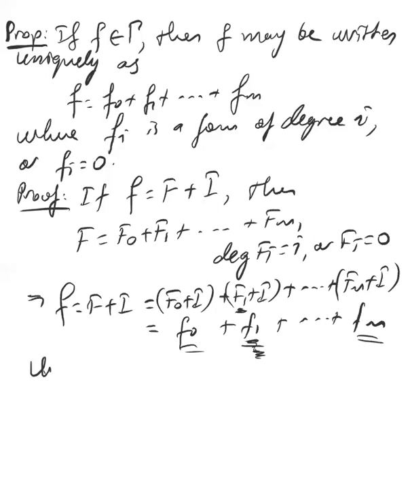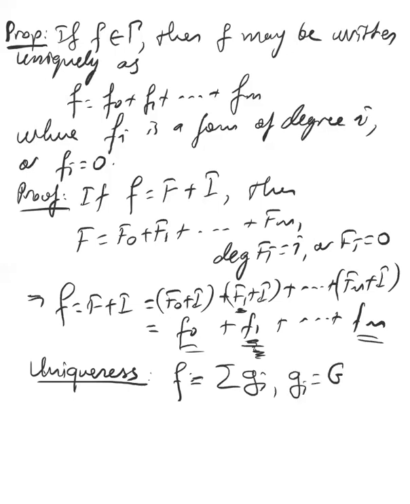And here's the uniqueness. Suppose we can write it another way like this. We can write f also as the sum of gi's, where gi is the left coset of capital Gi.